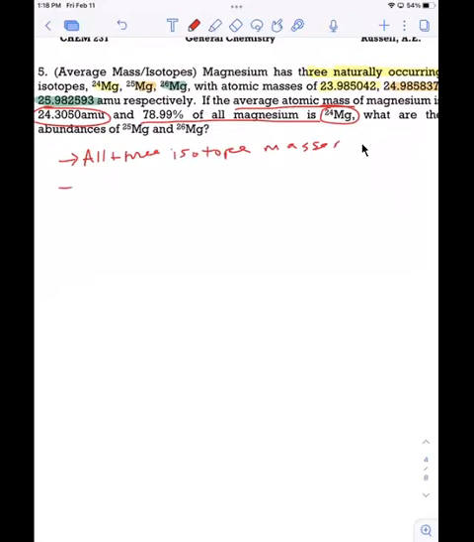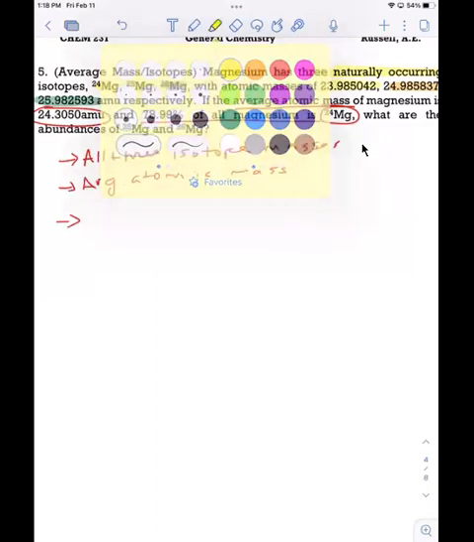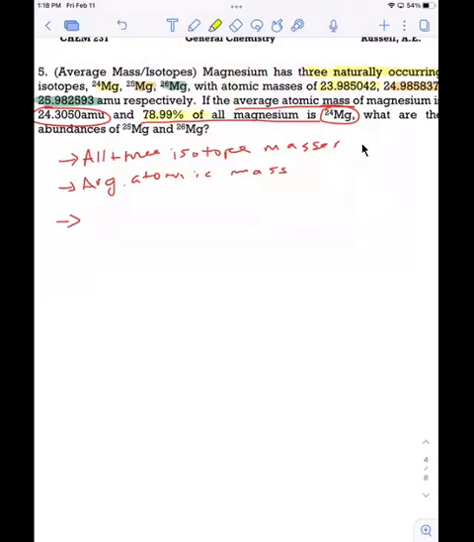We have the average atomic mass. And we got another piece of information, because it told us that 78.99% of all of these isotopes that exist is magnesium 24.